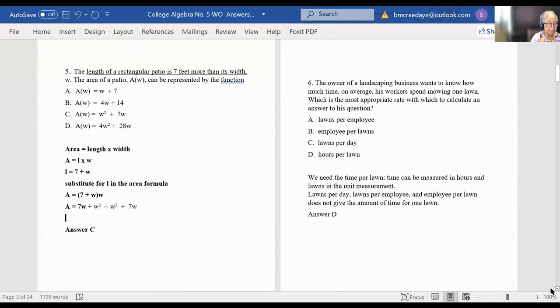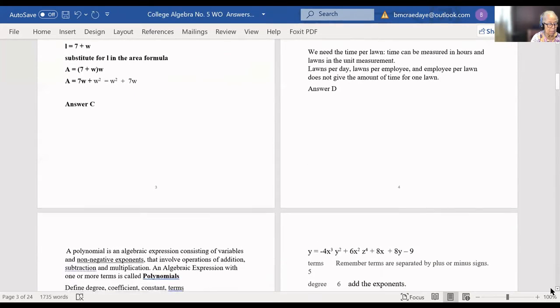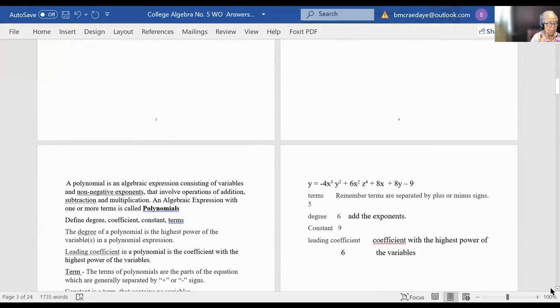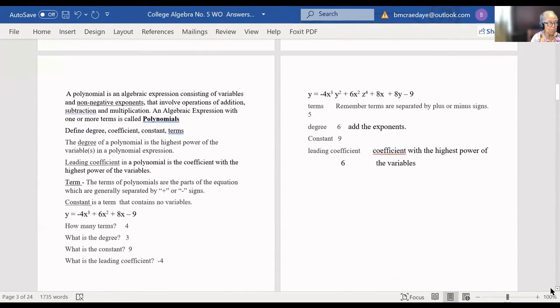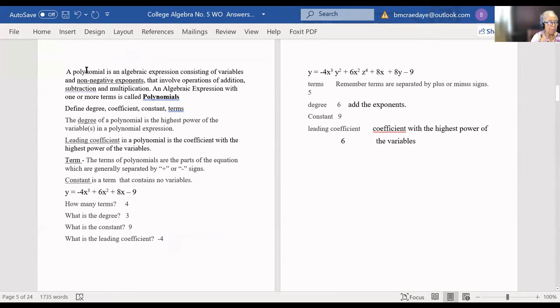Okay, number 7. Now, before we get to number 7, we want to look at polynomials. And I gave you the expression here indicating what we define as a polynomial. Algebraic expression consisting of variables, non-negative exponents. That means the exponents have to be positive.